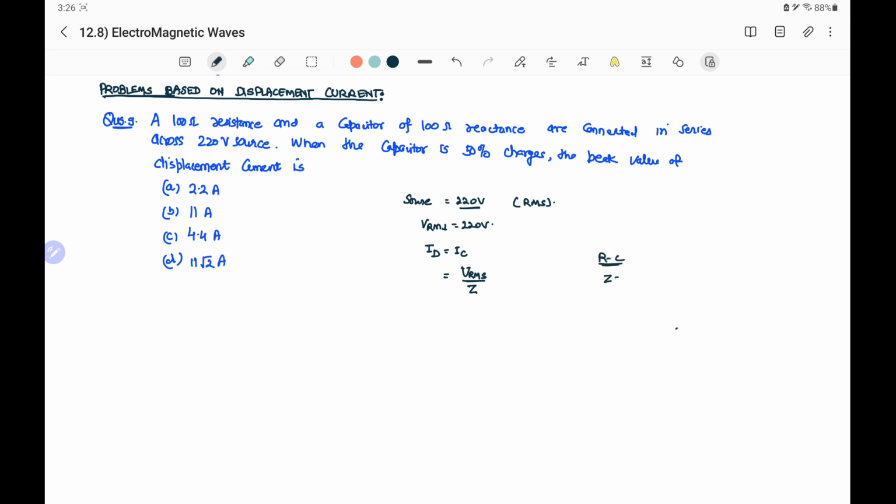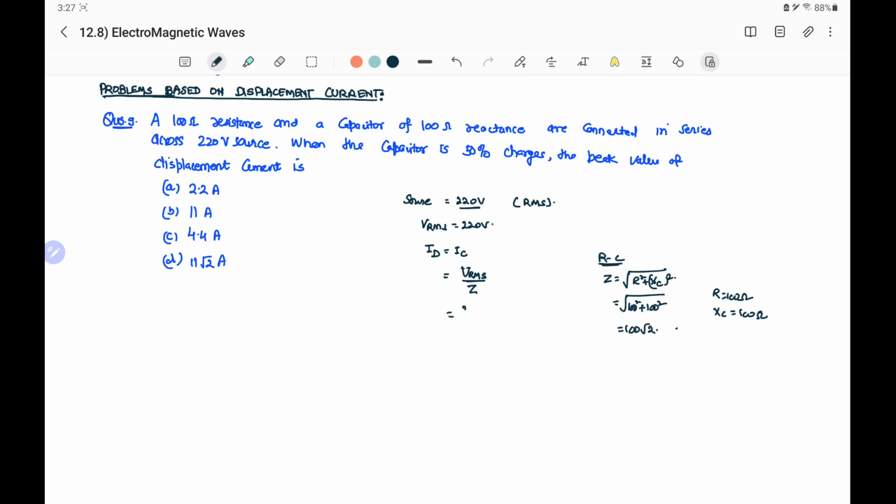So the impedance of the circuit will be equal to the square root of R square plus XC square. XC is the capacitive reactance of the capacitor, and R is given as 100 ohm. XC is given as 100 ohm. So it will be the square root of 100 square plus 100 square. So it will be 100 root 2.